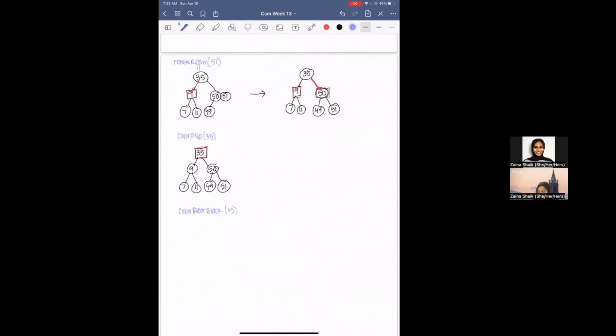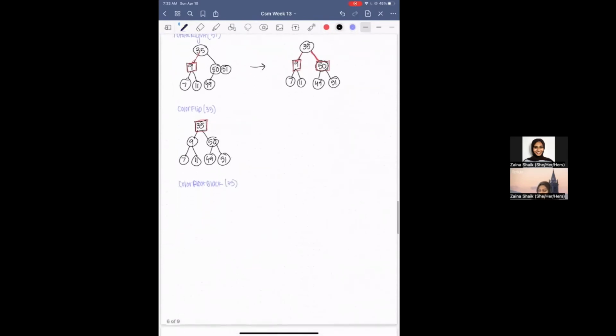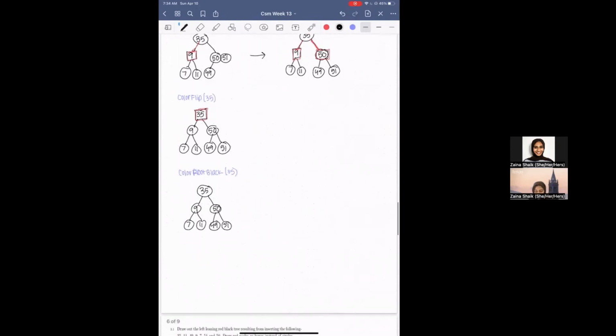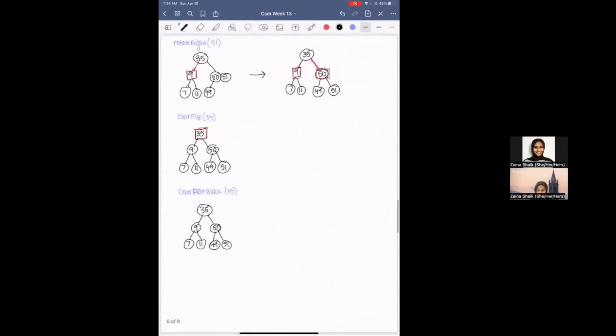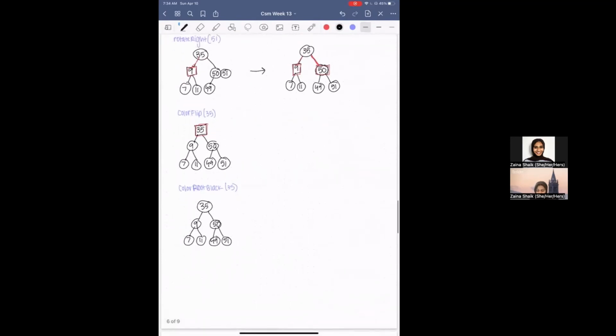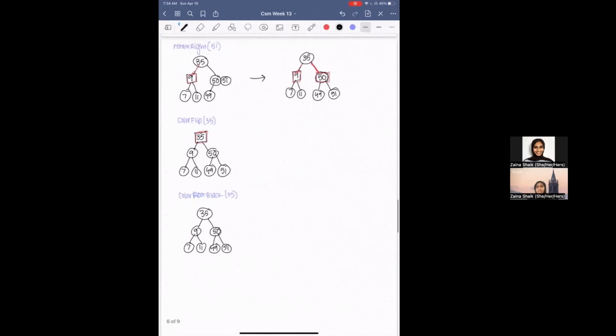Which is basically the color flip operation. Okay, and then after we draw this out, we have our finished balanced left-leaning red-black tree. And yeah, so that was question 3 on the worksheet.